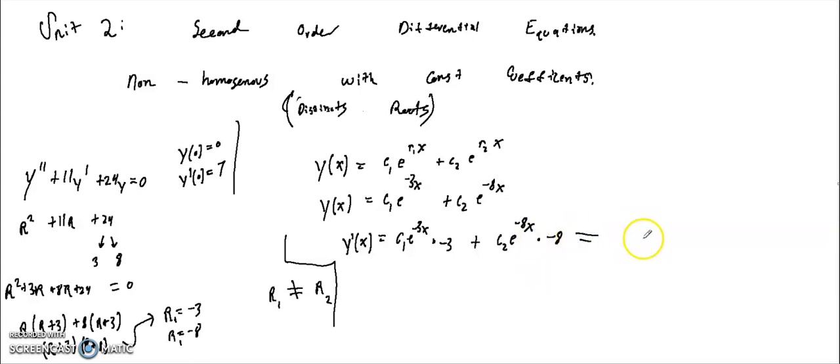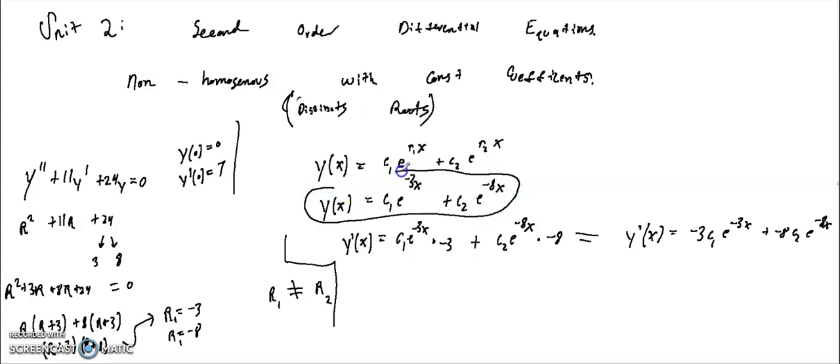So we end up getting y prime of x equals -3 c1 e to the -3x plus -8 c2 e to the -8x. So these are our two equations.